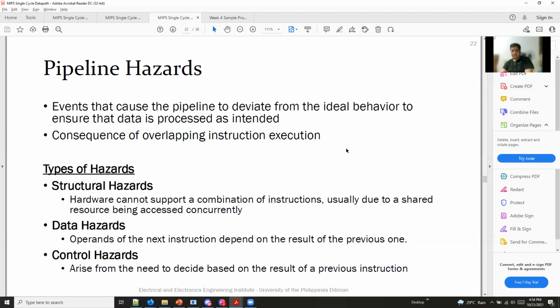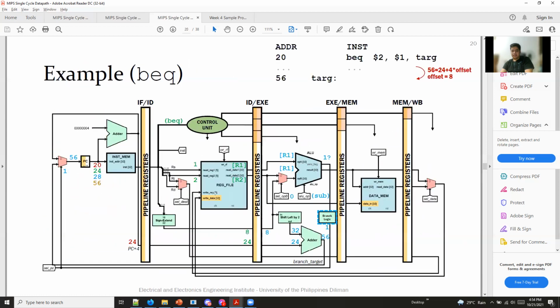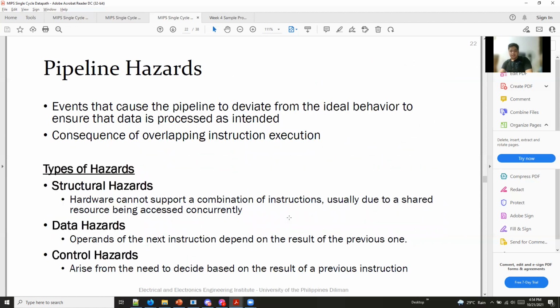So, parang kanya-kanya yung mga pipeline stages natin. Dapat sa isang pipeline stage is wala siyang kailangan from the other stages. So, dapat strong and independent sila. So, if ever kasi, lalo na if nagta-transition ka from multi-cycle to pipeline, baka meron ka kasing mga shared na hardware and yun yung isang potential na hazards doon.